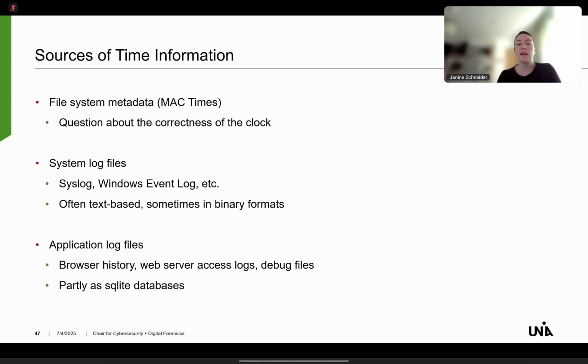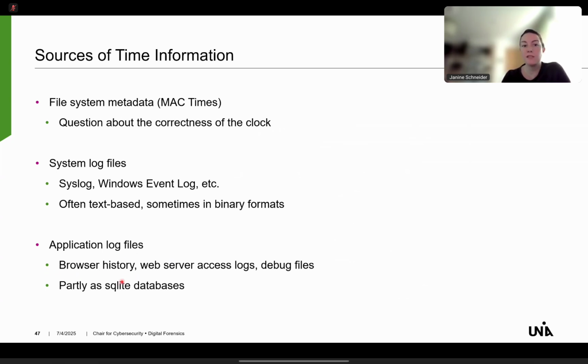Okay, and sources of time information can, of course, be the MAC times, but also, as I said, system log files, which have certain entries. Oftentimes they are text-based, sometimes they're in binary formats. Application log files can give a hint of time information or certain events that occurred at some point.